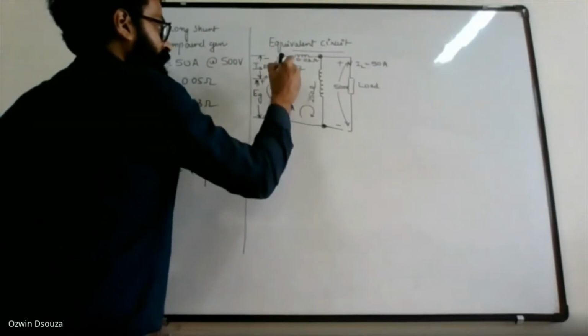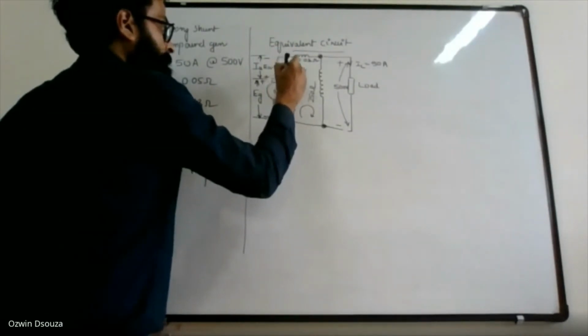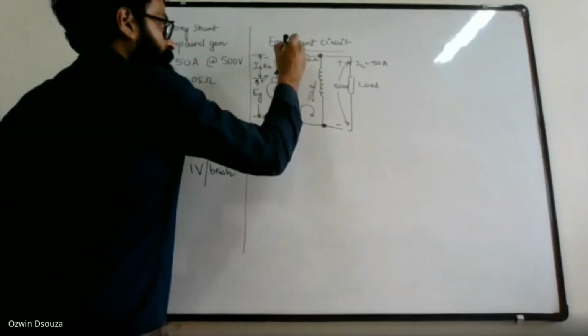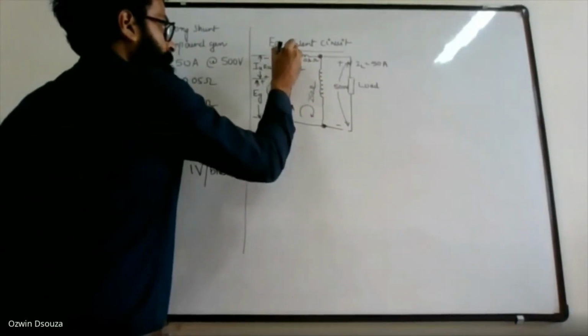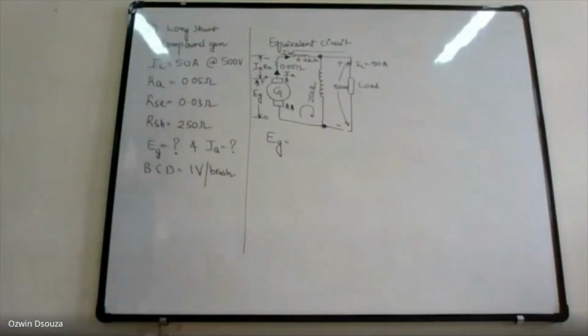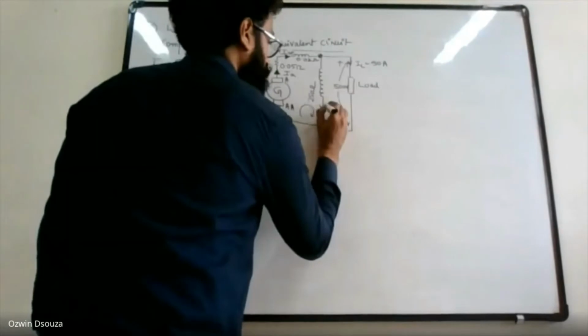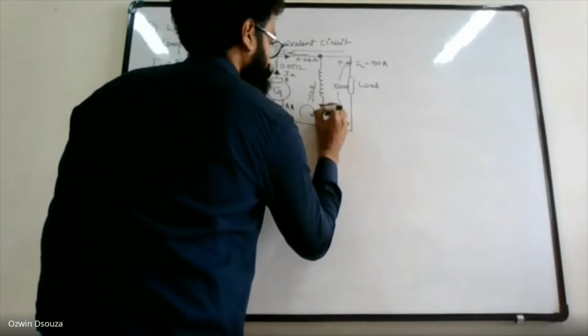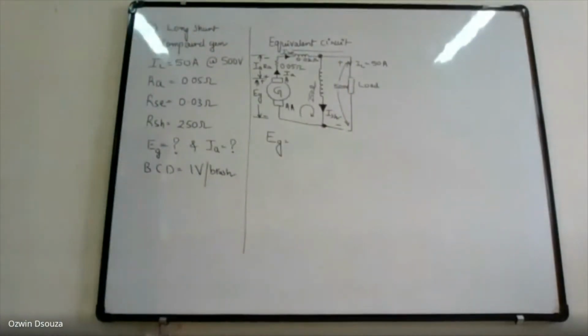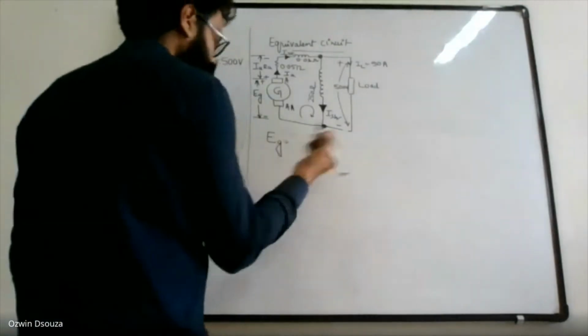So this is your armature current IA, series field current ISC, shunt field current ISH.